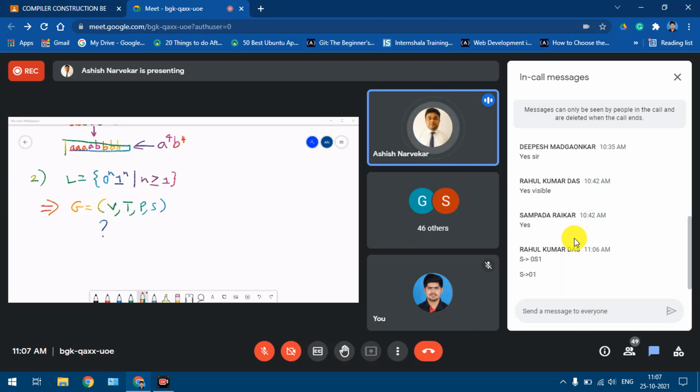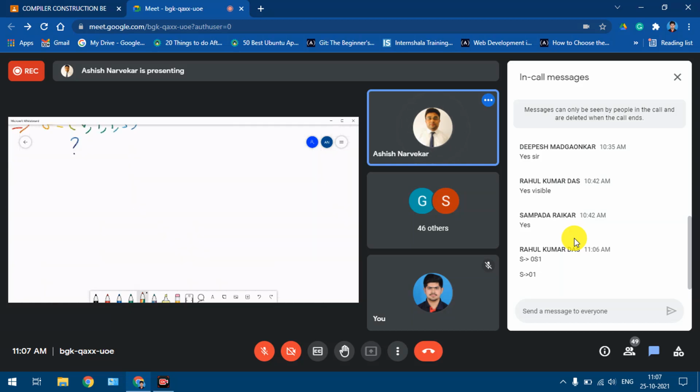So having known what is context-free grammar, the next thing we need to understand is where it can be used or how it can be used. Okay. So the next topic in this particular part is derivations.